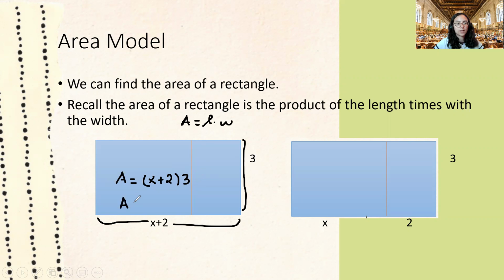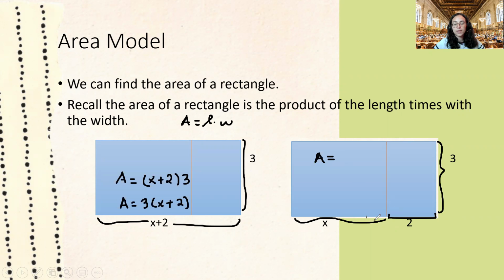Could also write it like this. Okay. Now, for this rectangle on the right, if this part of this side was x and this part was 2, and then this whole side was 3, how would we express the area for this?